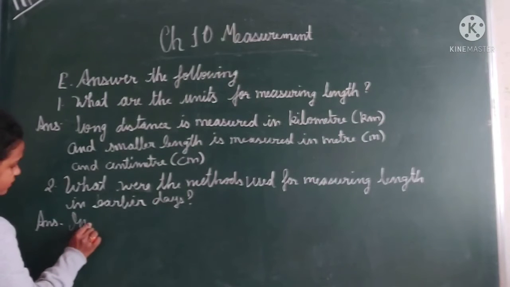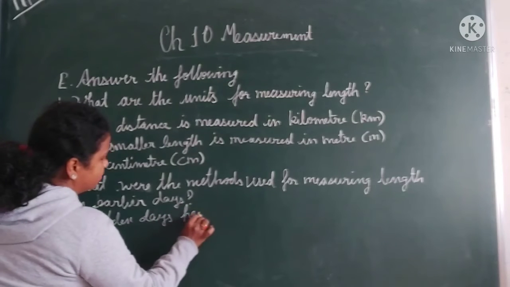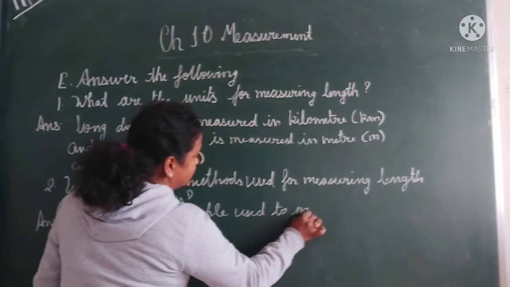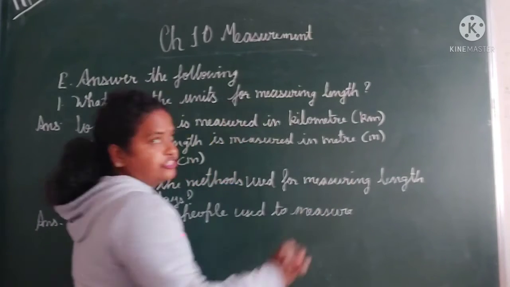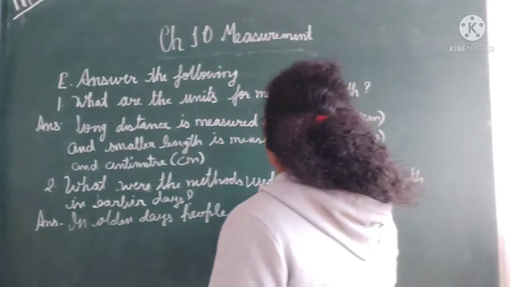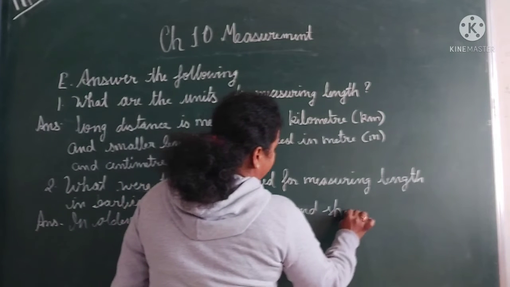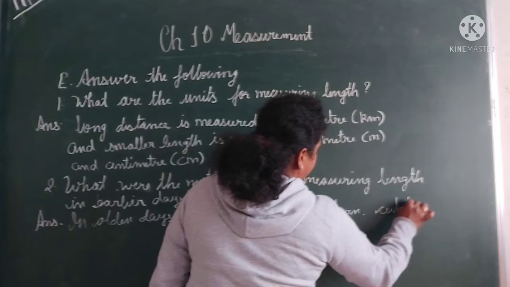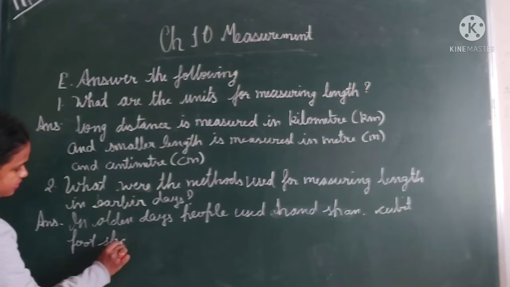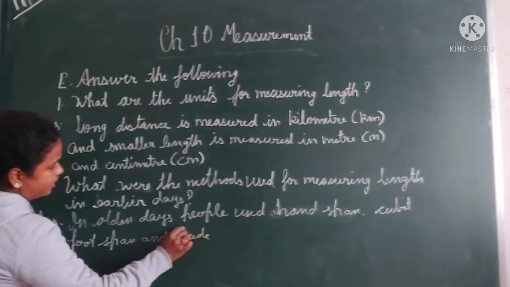In olden days, people used to measure with hand span, cubit, foot span, and stride.